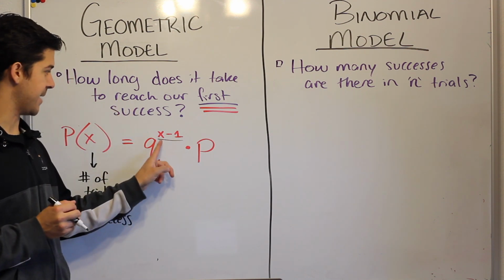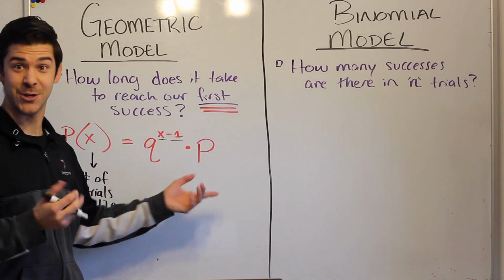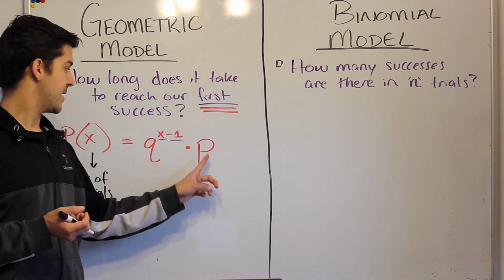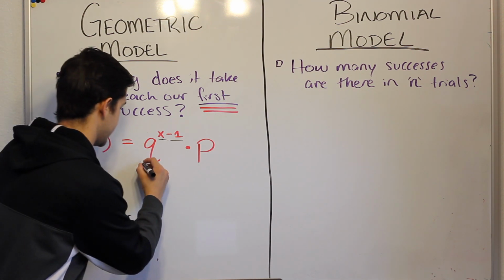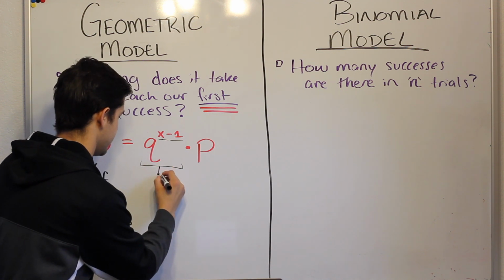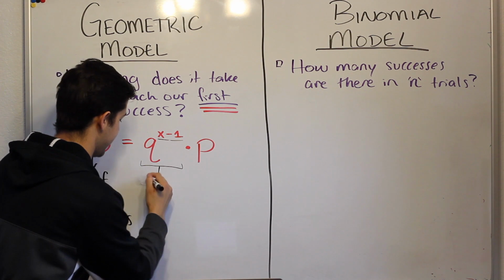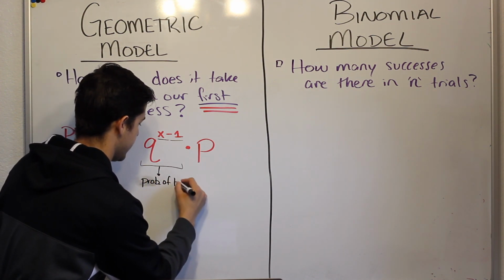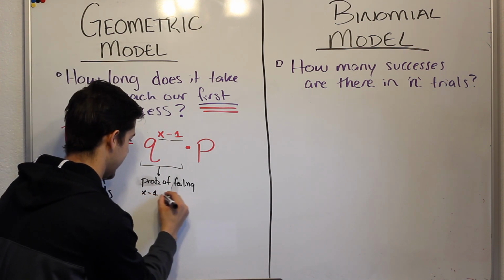In this case, I would take my 5 shots, minus 1 because I am going to make it eventually. This would represent the 4 shots that I miss, and here's my 1 shot that I actually make. So this represents the number of times I fail, or the probability of me failing, x minus 1 times.